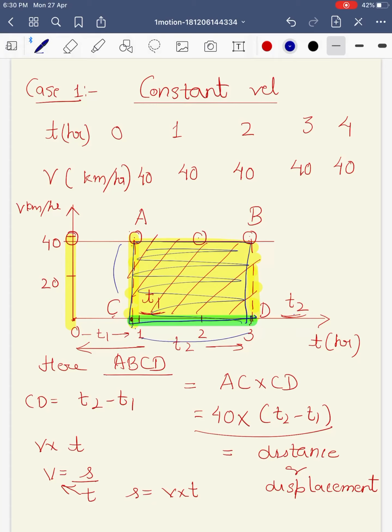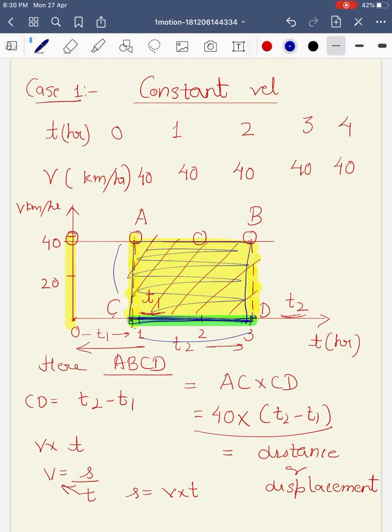But what is AC? That is 40, because the speed is constant. Then CD: up to point C the length is t1, up to point D the length is t2. So CD will naturally be the difference, t2 minus t1. So 40 into t2 minus t1, that is speed into time.